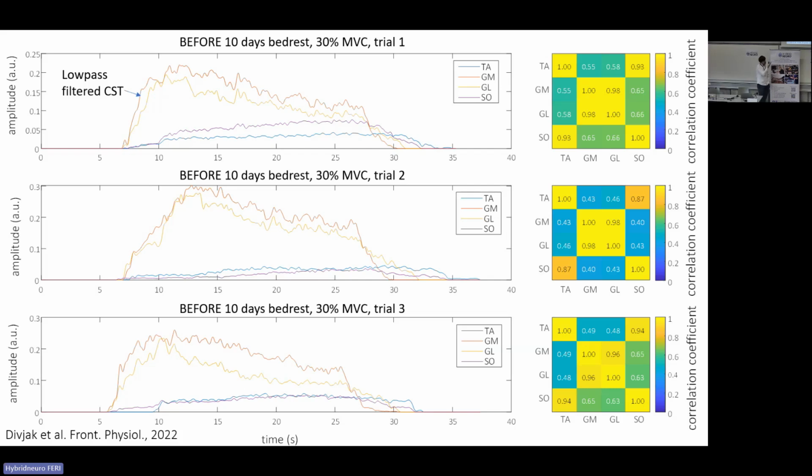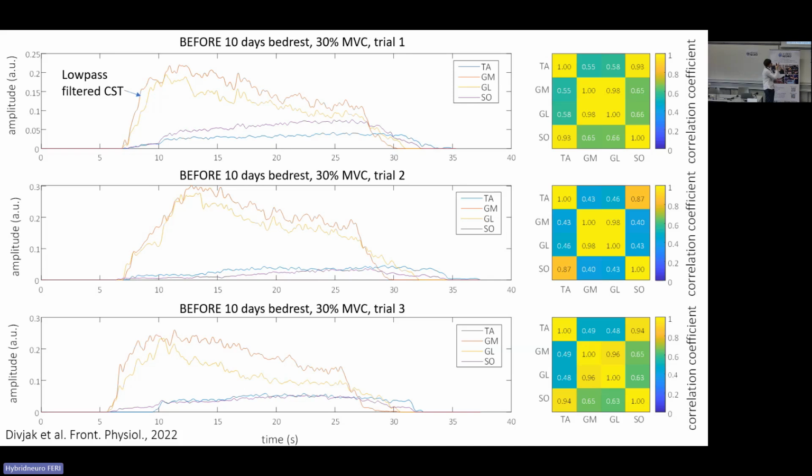What we can read from that matrix is that gastrocnemius medialis and lateralis are highly correlated. You can see that it's a value around 1, and the tibialis and soleus are kind of correlated, and this is because of the stabilization task the person was given.